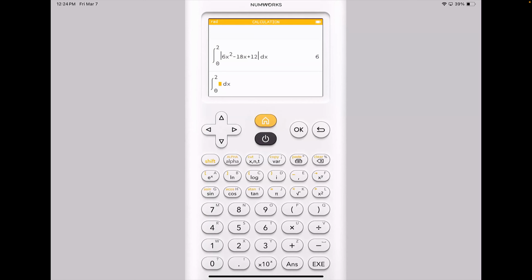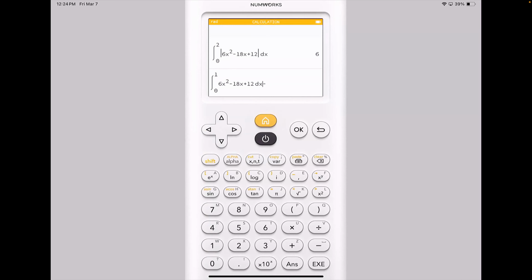So we did 0 to 1, right? We did 6t squared minus 18 plus 12. And then we subtracted, right? We added a negative because I went the other way. So I need the integral again.